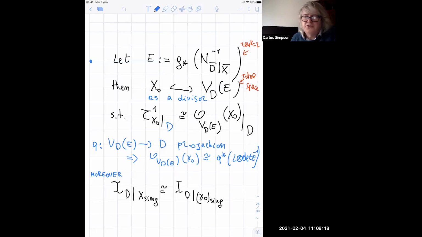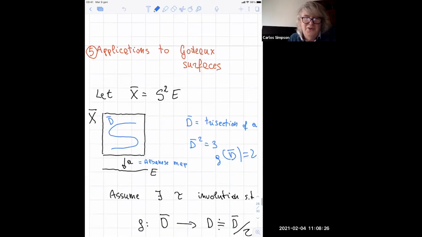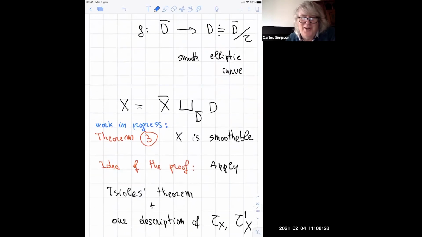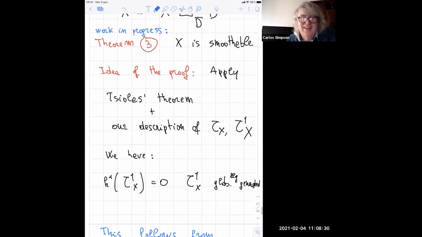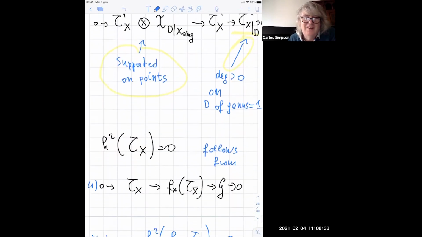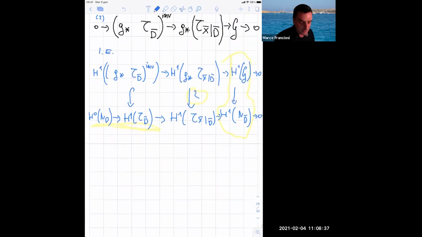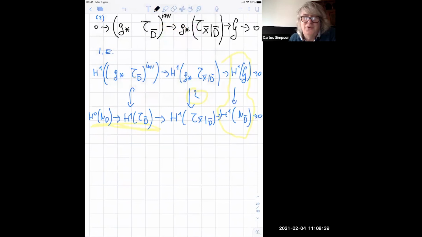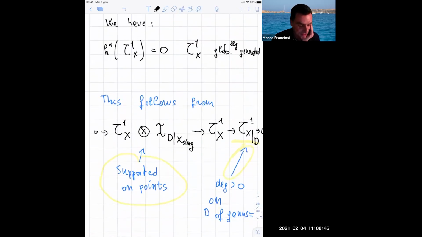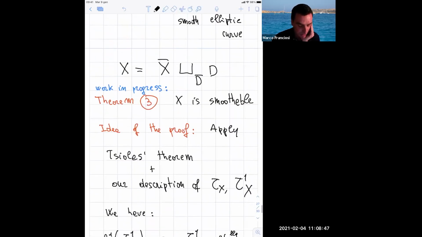I think we might be interested in a brief discussion of how this would be applied in practice. What do you do if you actually have a singularity or a variety and you want to calculate this type of thing? Yeah, well, we show this theorem that such Godeaux surfaces are smoothable.